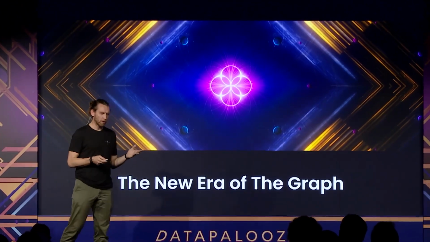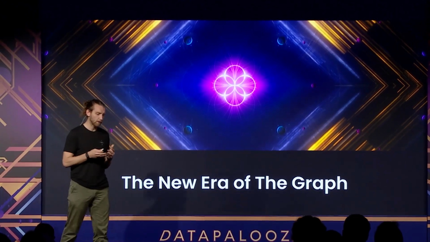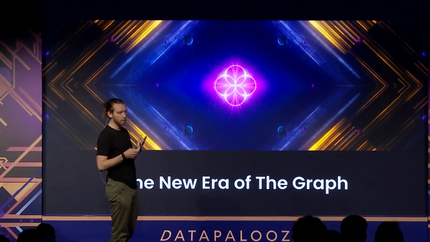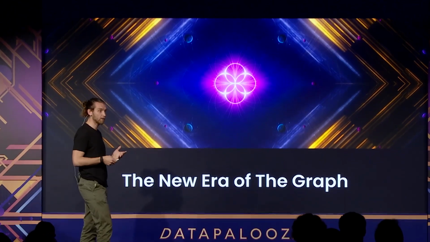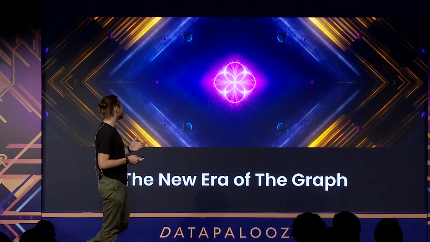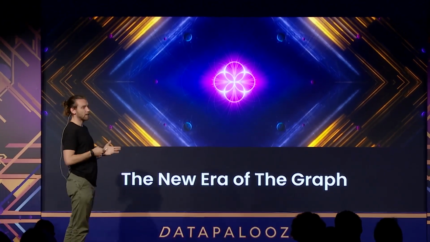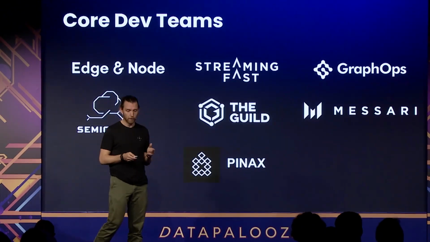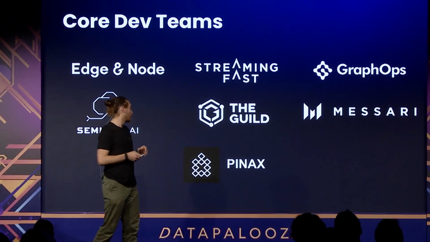So I've talked a bit about subgraphs. We've focused in on subgraphs, but I want to talk now a bit about the new era of The Graph. This was announced by the Foundation last week, and essentially this lays out the roadmap for what all the core developers are working on across the ecosystem.